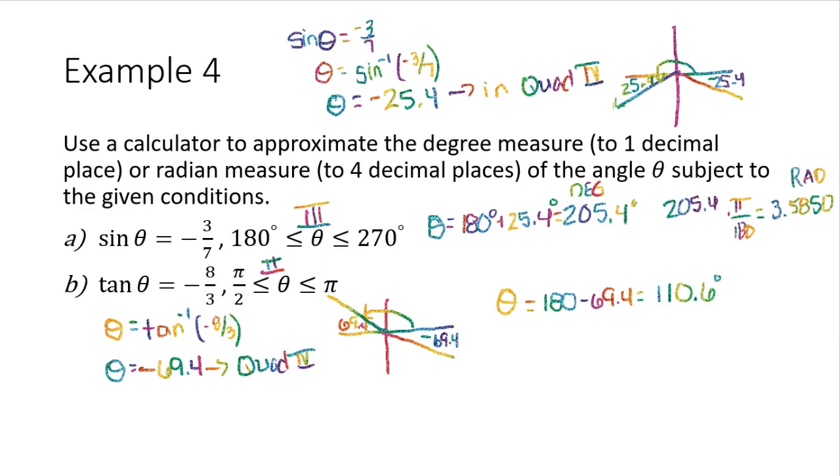And now if we wanted to change that over into radians, because this is our degree answer here, we can just multiply that by pi over 180. And this is going to give me 1.9303.